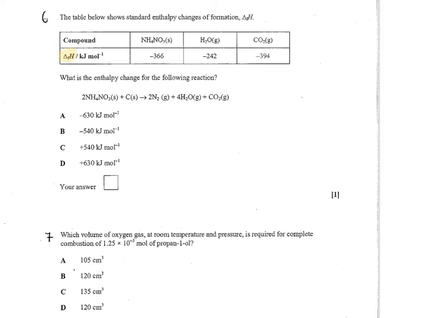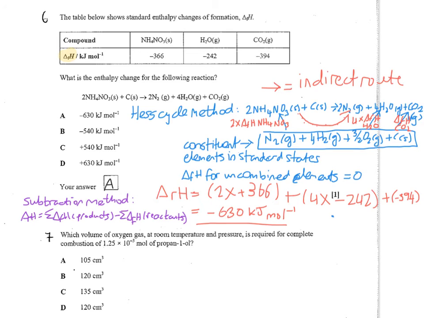Oops. Right, there you go, that's better. So you can see two methods for getting to minus 630 kilojoules per mole. You can either do a Hess's law cycle, or you can do the subtraction method. So the total of the enthalpy of formation of products take away the total of the enthalpy of formation of reactants will end up with the same thing.